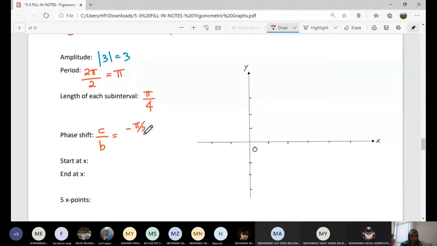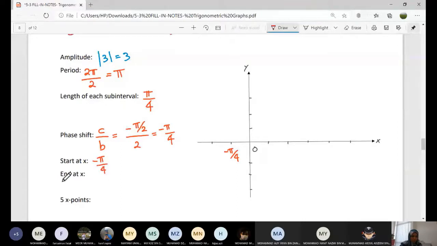Negative pi over 2 divided by b, which is 2. So the phase shift is negative pi over 4. This will be your starting point, so it will start at x equals negative pi over 4.